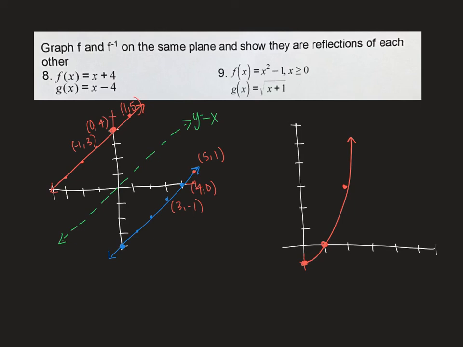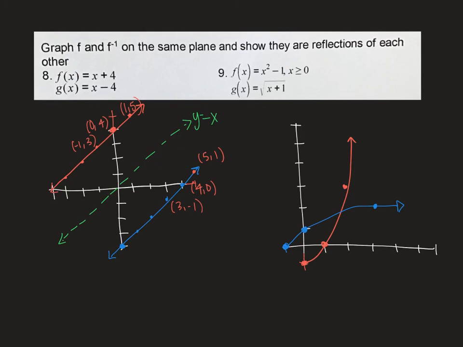And then if I graph g of x, if I plug in -1 for x, I get 0. If I plug in 0 for x, I get 1. And then if I were to plug in 3 for x, I would get 2, and so on. You could plug in values that would give you decimal answers, but that just makes it harder to graph.